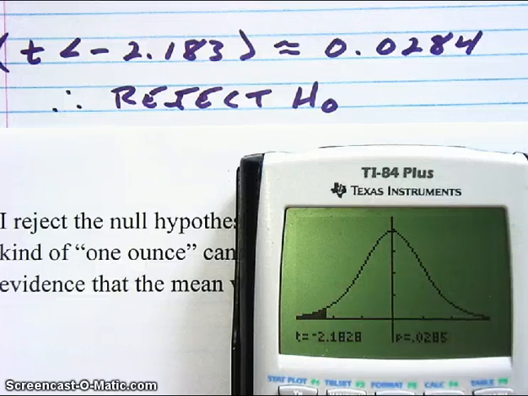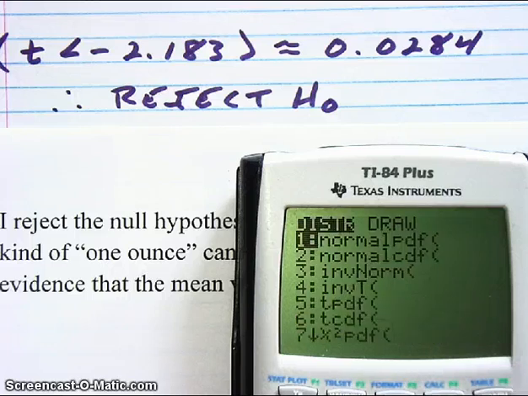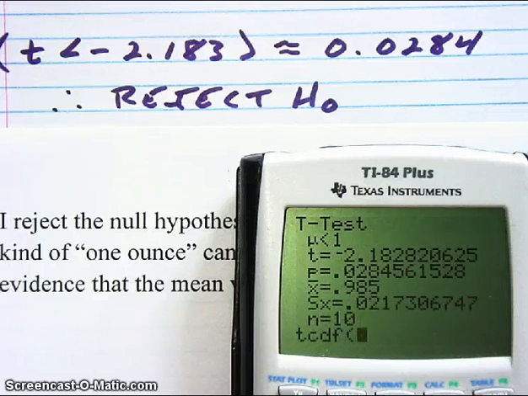Now if you do the work by hand, as we did up above, and you calculate the t-statistic to be negative 2.183, you can use TCDF: go to second vars and go down to number 6, and then you can put in the t-statistic and the boundary, and then it's left bound, right bound, degrees of freedom.